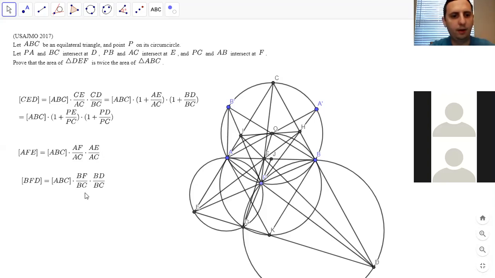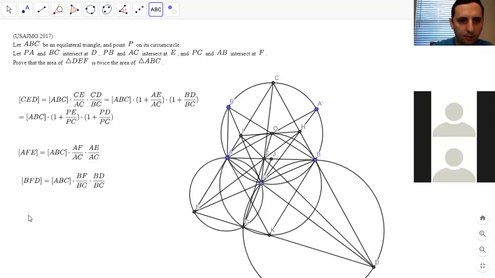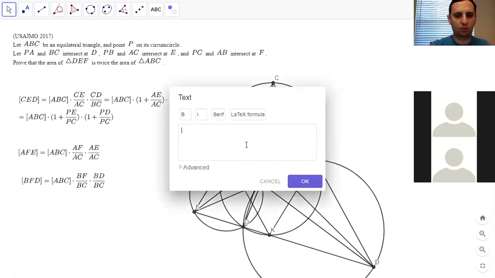If they're all 1, AC, AB, BC, and AC, then we want to show that AE plus BD. So assume AB equals BC equals CA equals 1.